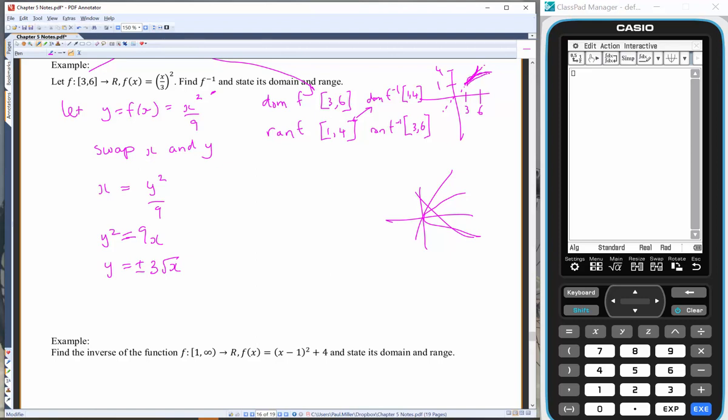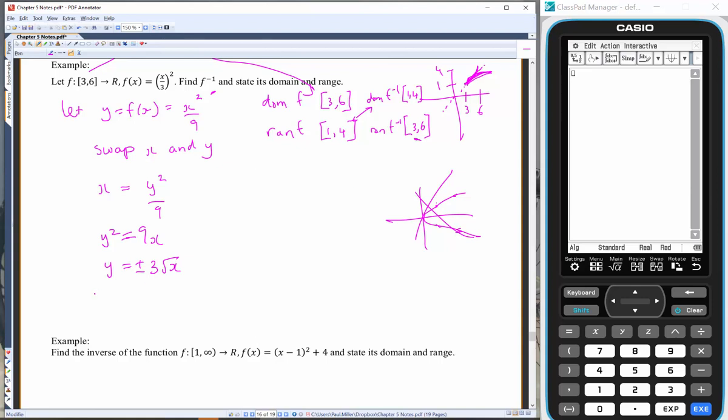When I mirror it, it's going to produce the top half of the square root. That's actually what I'm after here, the top half. The other thing I know is that the range of the inverse function has to be 3 to 6. It's going to be these values here, not the lower ones, not the ones below.